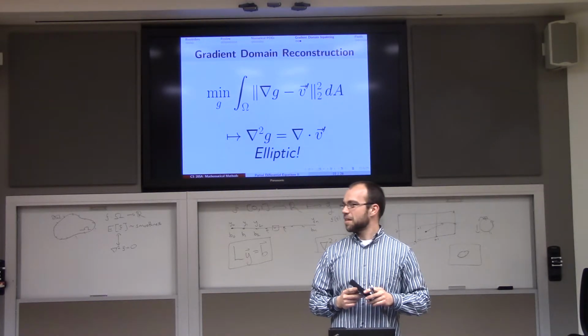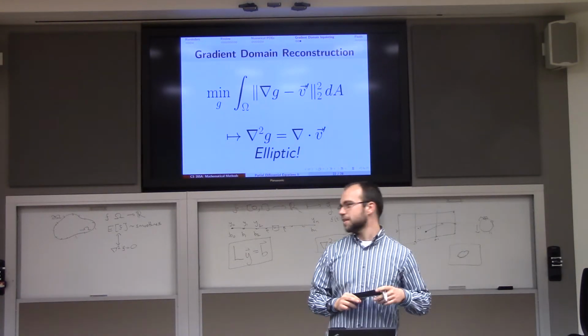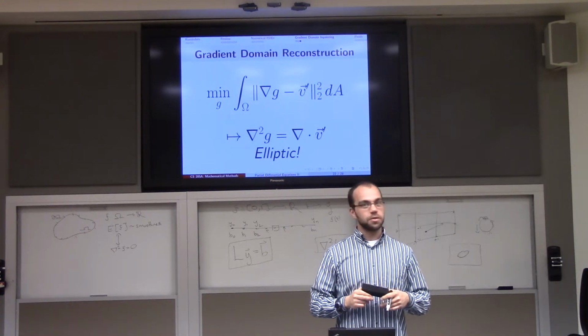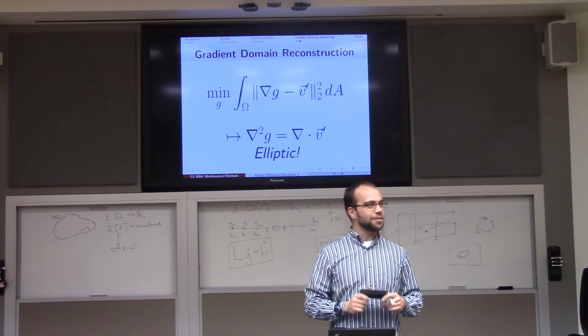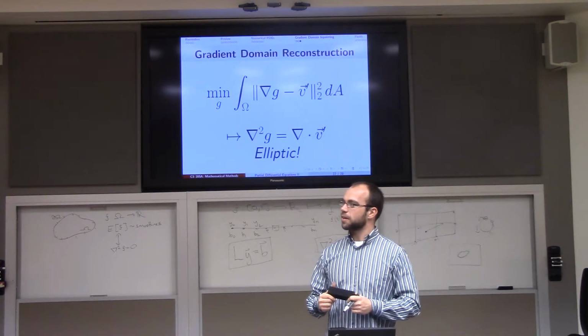And so this little amount of machinery that we covered in the last 2 lectures is enough to get you a very powerful image processing tool. If you're bored, you should definitely Google gradient domain image processing, and you'll see some really impressive results that people can get with this trick.